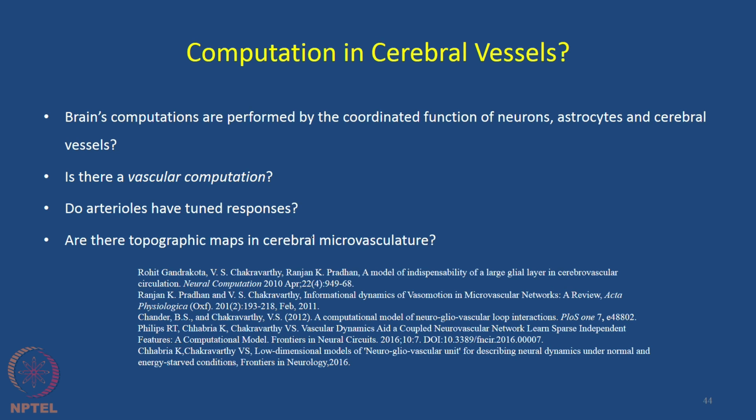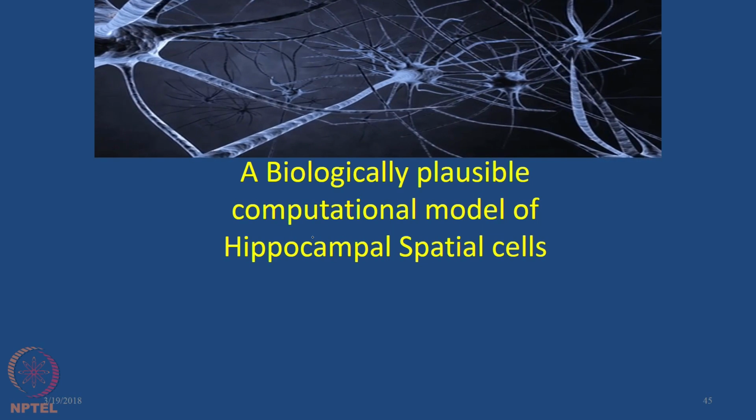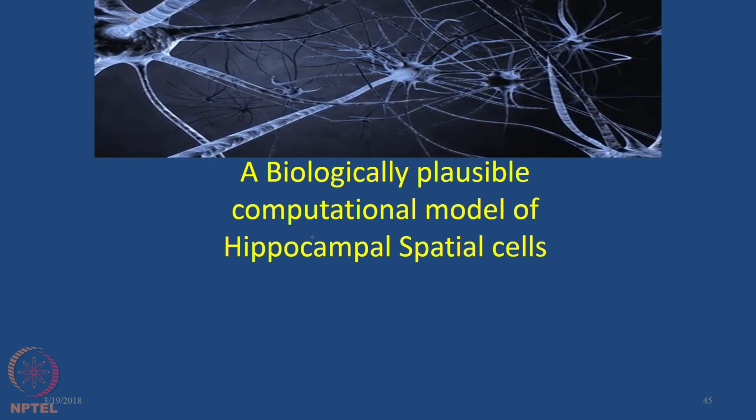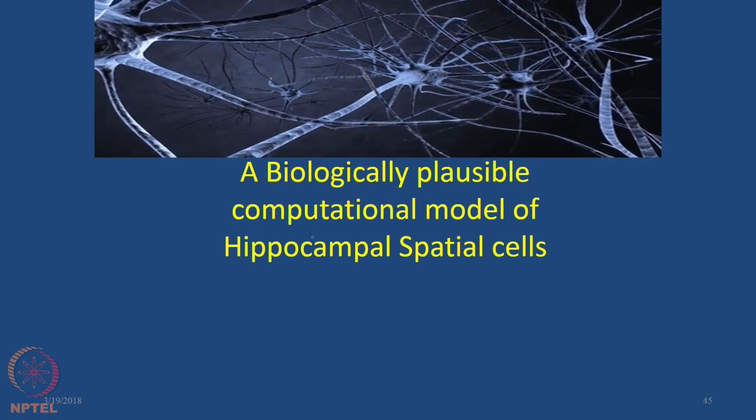Similarly, are there topographic maps in the cerebral microvasculature of maybe primary sensory cortices? These are some questions that we need to ponder. There's a lot that can be discussed about this, and in this simple overview, I cannot give more detail beyond this point. Then the third topic we are looking at is modeling hippocampal spatial cells.